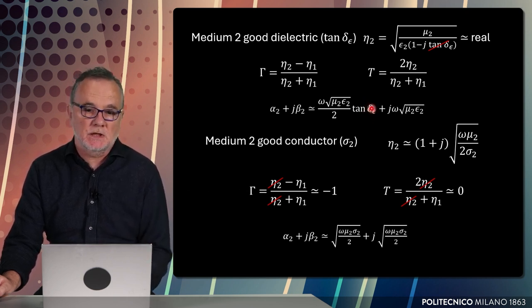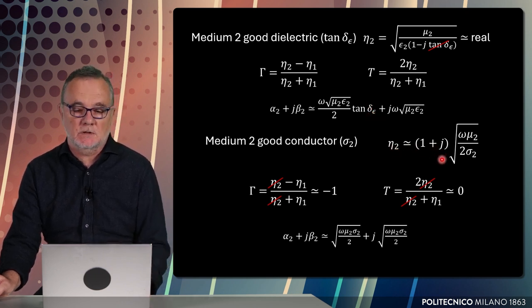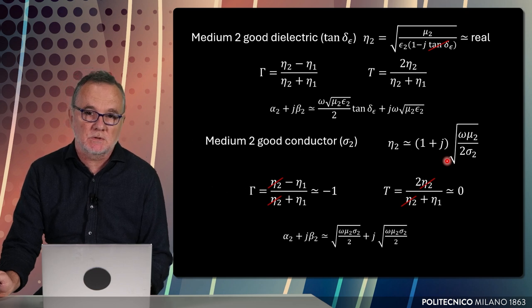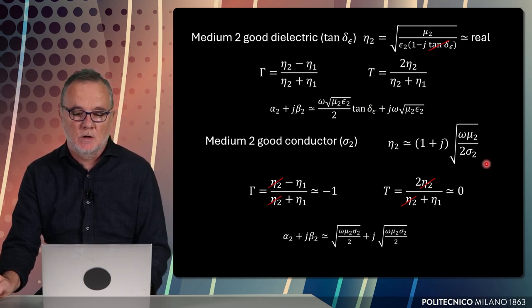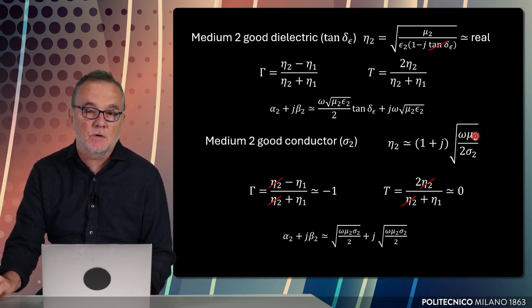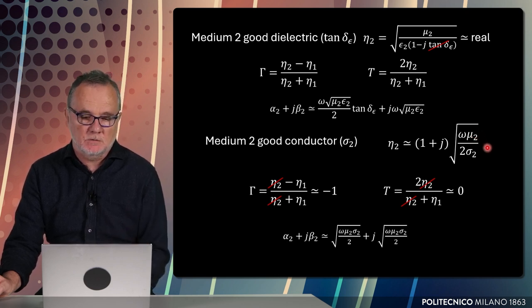The second special case is that of good conductors, in which the impedance is the well-known impedance of good conductors, which is (1 + j) times the square root of omega mu over 2 sigma. Mu, of course, is the permeability of material 2.